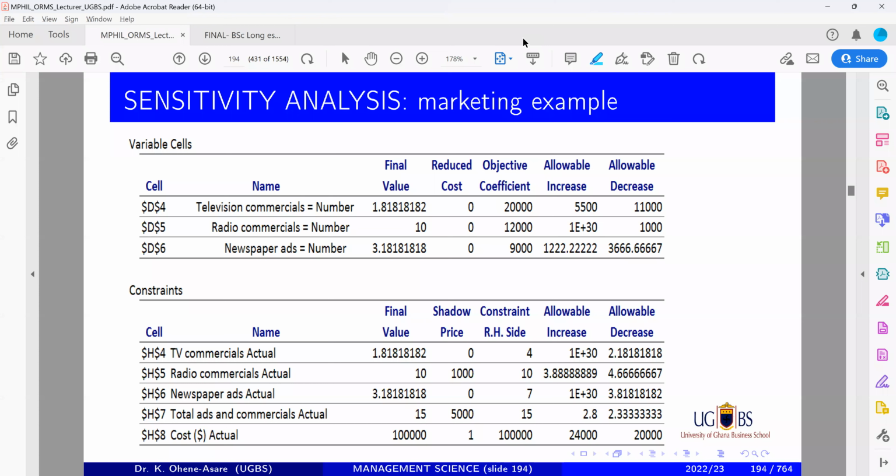When you look at the 20,000, you are now going to take that 20,000 and find the lower bound and then the upper bound. The lower bound of the 20,000 is going to be 20,000 minus 11,000, which will give you 9,000. So that's the lower bound, the sensitivity for TV.